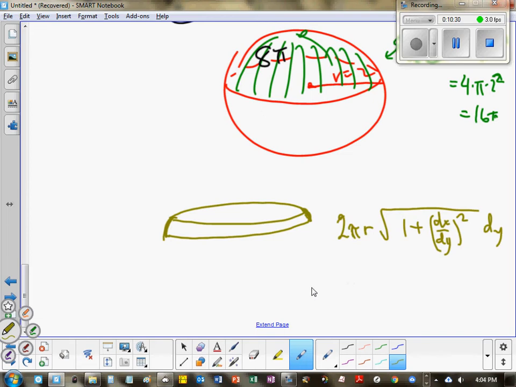I believe in surface area, and I need to think about this a little bit more, but I believe in this problem, even though we clearly have a delta y here, not a delta x, halfway through the problem you may use the alternative form. So halfway through the problem, you can actually switch and use for the ds either square root of 1 plus (dx/dy) squared dy, or square root of 1 plus (dy/dx) squared dx.